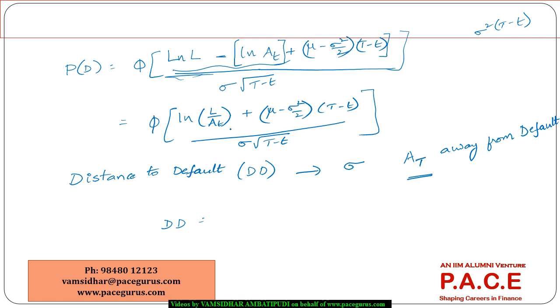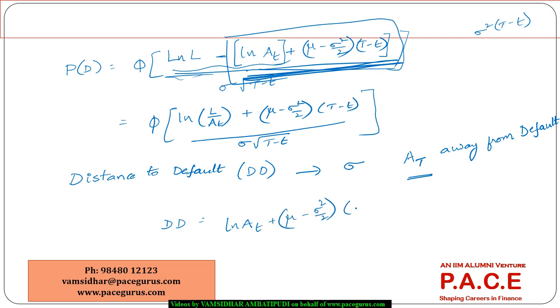So typically the distance to default comes out as the reversal of this, which is by how much extent the value of the asset at time T is above default. This is the distribution it is going to take, right? So the value of the asset at time T is nothing but log At plus mu minus sigma squared by 2 times T minus t. And I am looking at default meaning log L, the liabilities.